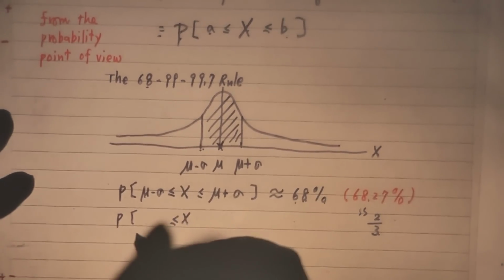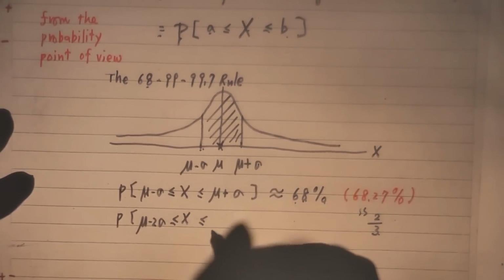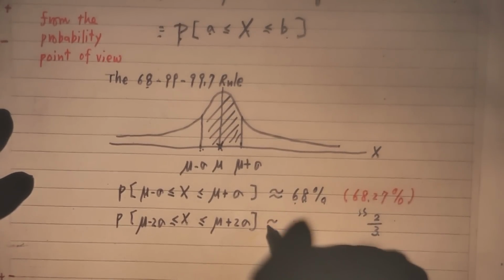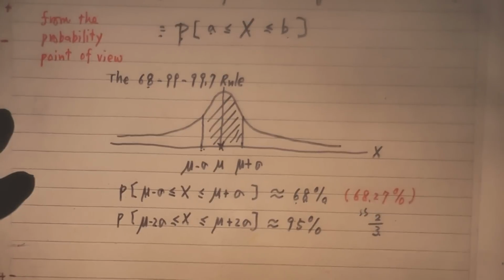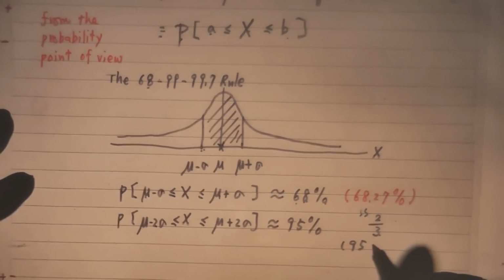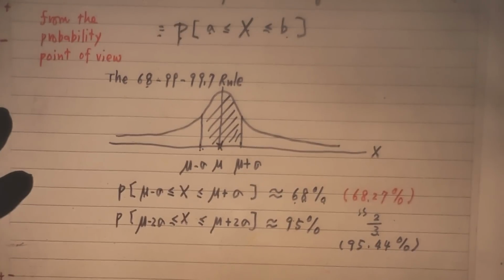Okay? And next one. When X is greater or equal to mu minus 2 sigma, but less or equal to mu plus 2 sigma, the probability is roughly equal to 95%. Okay? And the actual probability is 95.44%.